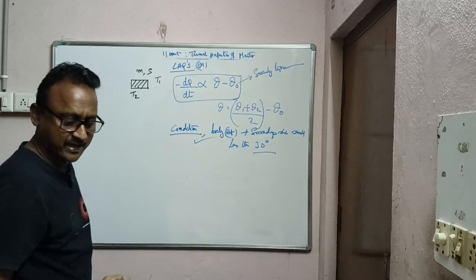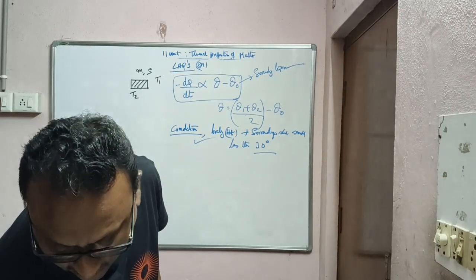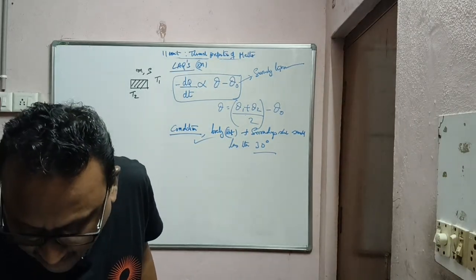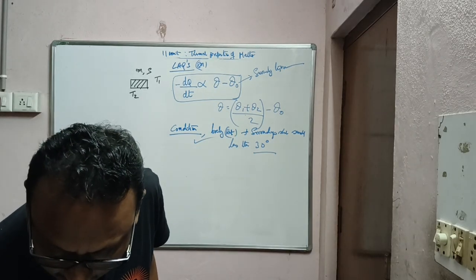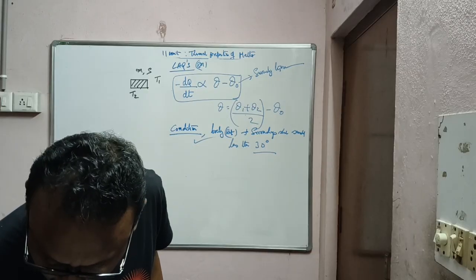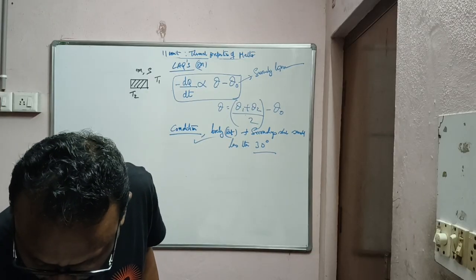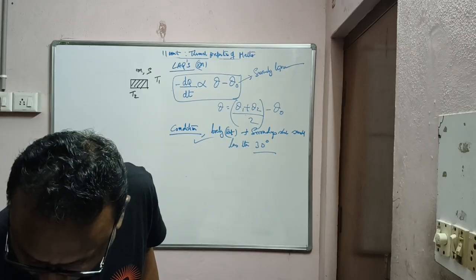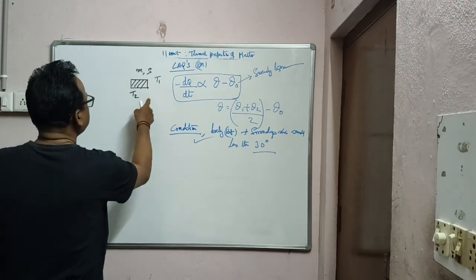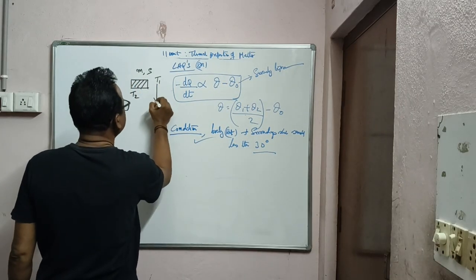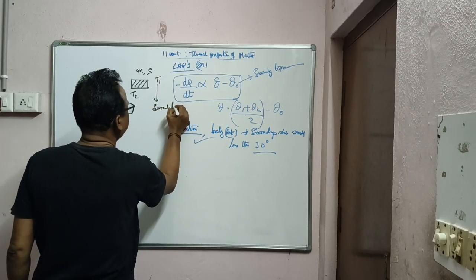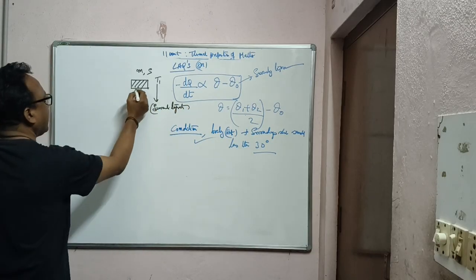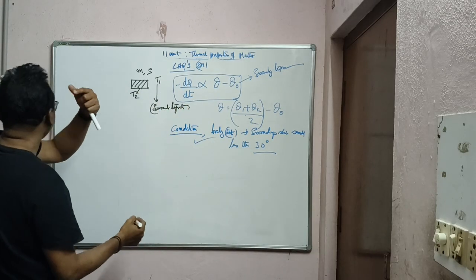Right hand exactly. T2 is the body temperature and the surrounding temperature I'll take as T1. This is the surrounding temperature, the temperature of the surroundings. This is the body temperature. Now I'll apply Newton's law of cooling.